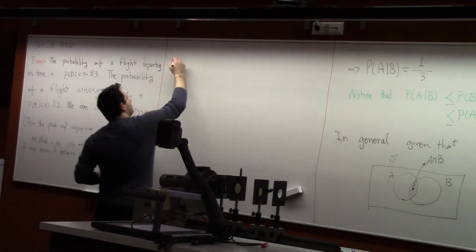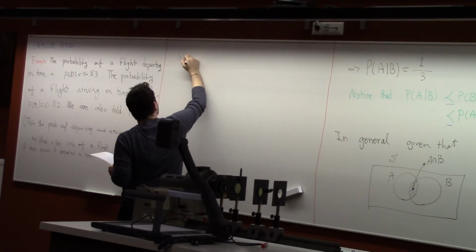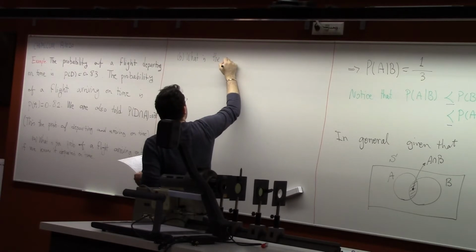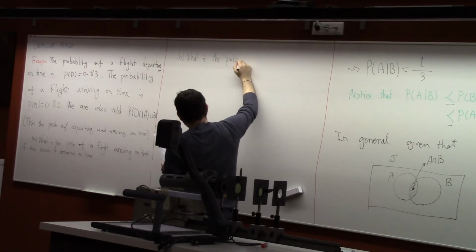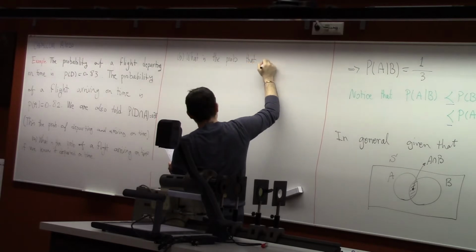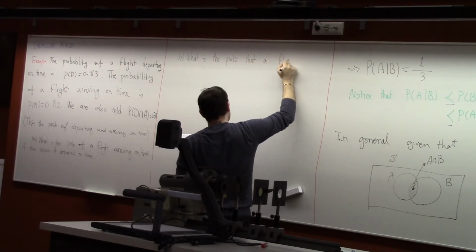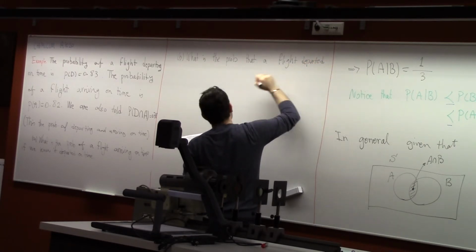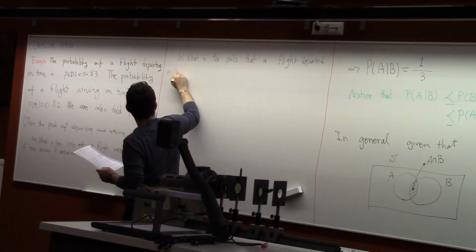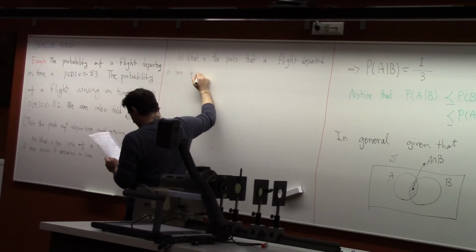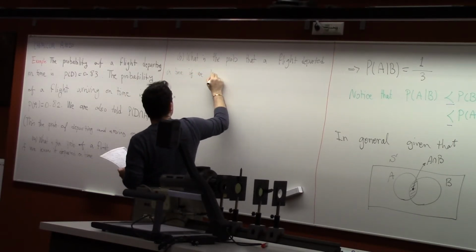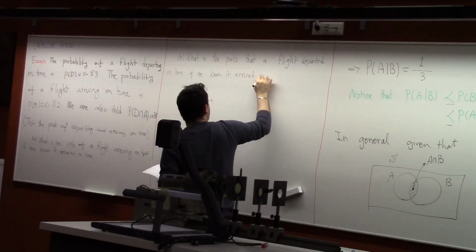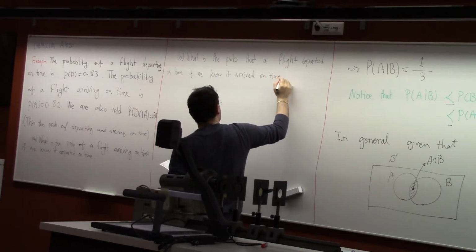And part B: what is the probability that a flight departed on time if we know it arrived on time?